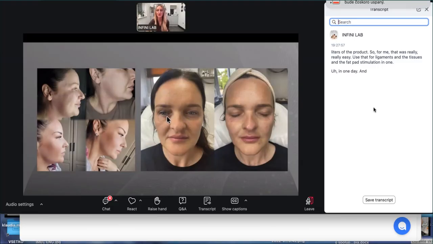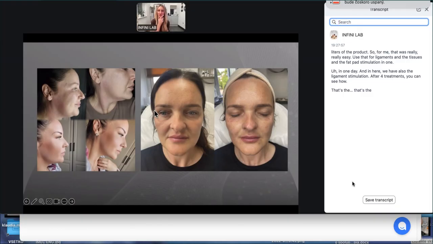And in here we also have the ligament stimulation after 4 treatments. You can see this is actually the third treatment, because she came for the 4th treatment before we, as she's not living in the UK. So we can see the improvement of the facial ligaments is absolutely amazing.